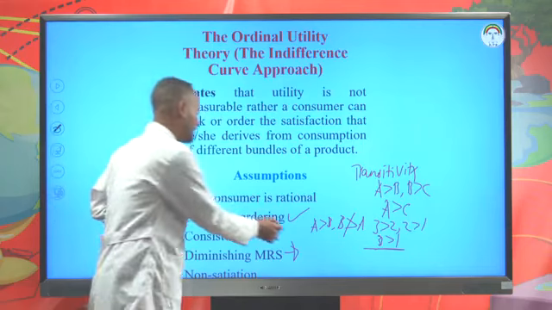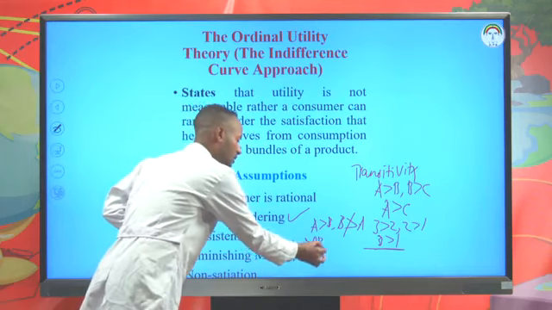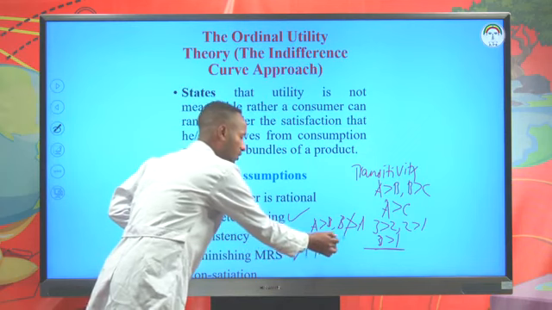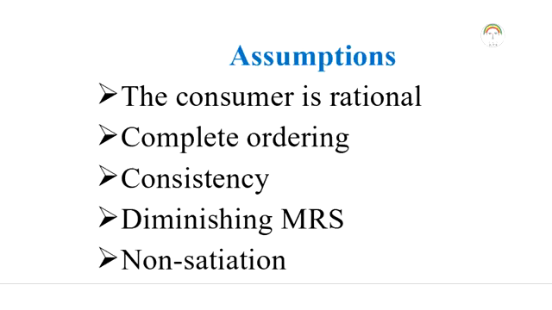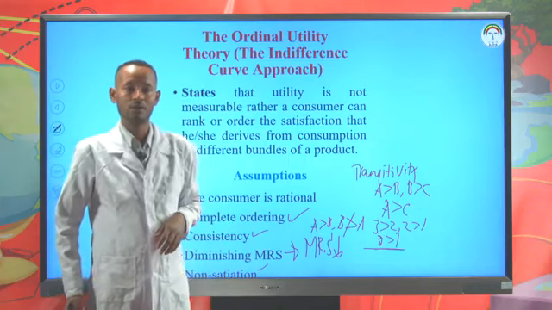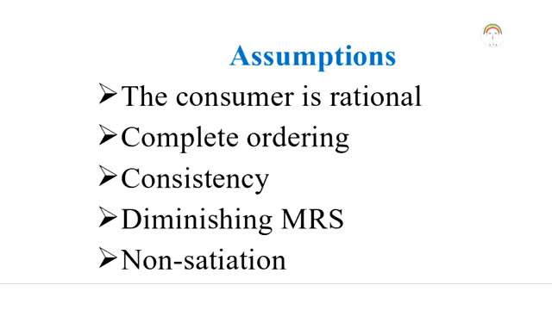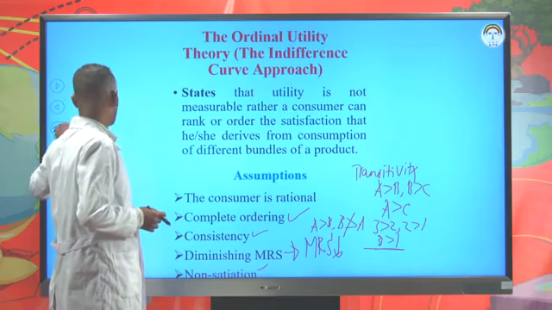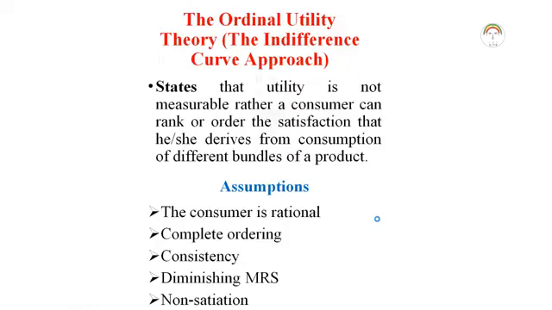In short, the marginal rate of substitution, the MRS, of a commodity will always decline. And the last assumption is non-satiation, which means the bigger bundle is always preferred to the smaller one. So these are the assumptions of the ordinal utility theory.